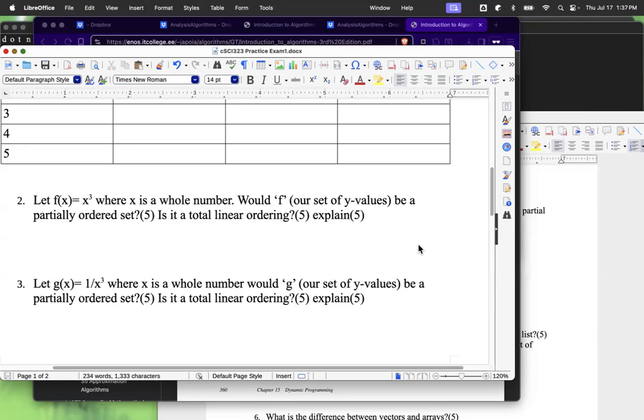So you wouldn't say that the dimensions are equal, and that part would break down. It can't fit the definition of a square. It's the same thing here. G of x breaks down because there are points where it's undefined. So if I pick 1/0 and I want to compare it to something else, that's not going to work. If it were, however, f, and I'm just comparing 0 to something else, that does work.